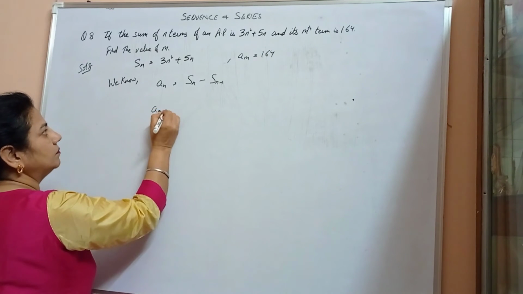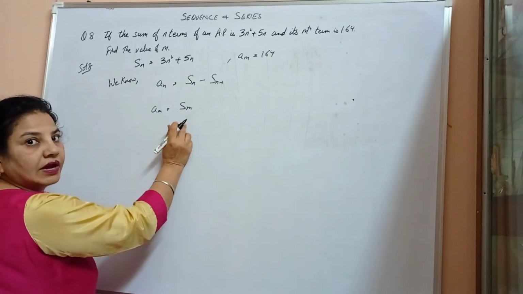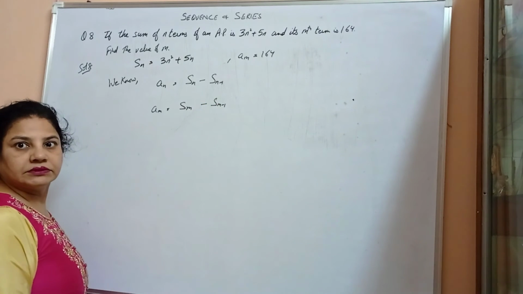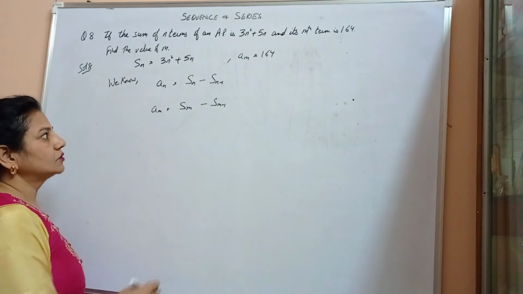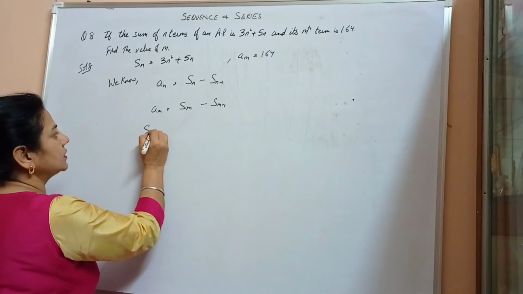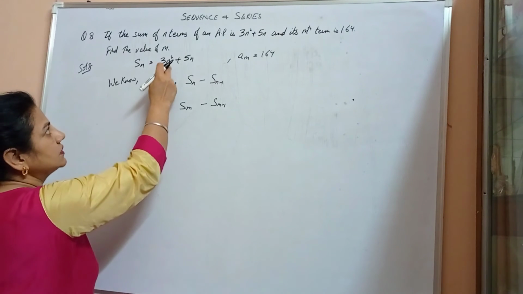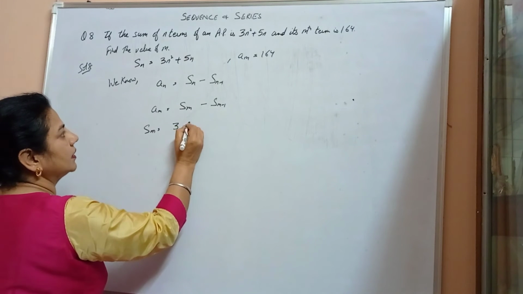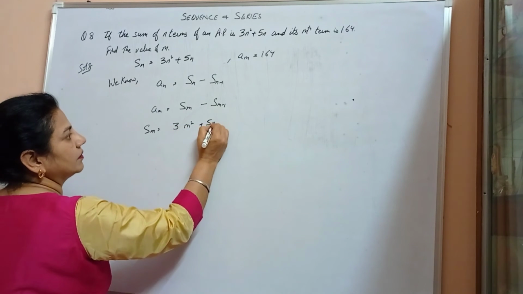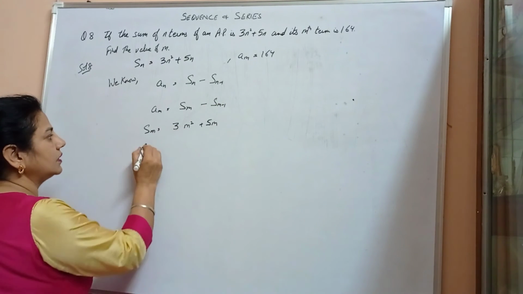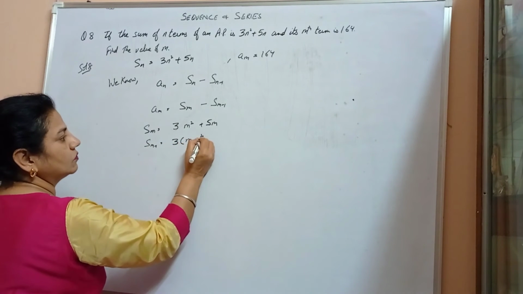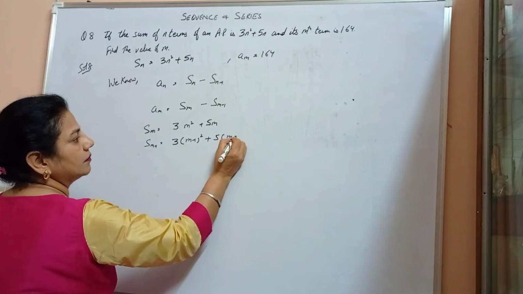As the mth term is given to us as 164, the mth term will be the sum of first m terms minus the sum of first m minus 1 terms. So calculate Sm. Wherever there is n I put m, so I get 3m square plus 5m. And for S(m minus 1), I get 3 times (m minus 1) whole square plus 5 times (m minus 1).